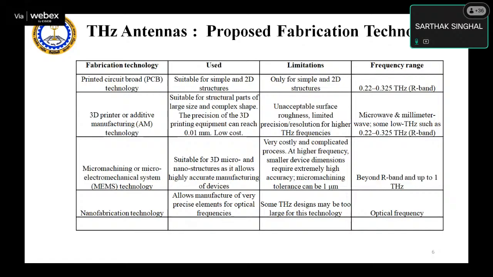So using nanofabrication technology, the design dimensions will be pretty high for nanofabrication, but we can achieve that accuracy by using the nanofabrication technology only. So the cost will be pretty high. Okay. So as per the fabrication technologies available in the world, only the MEMS technology and the nanofabrication technology are the two promising candidates for fabrication of these terahertz antennas or devices.